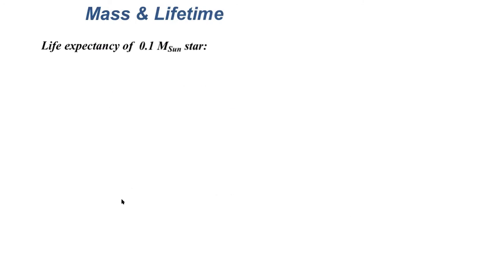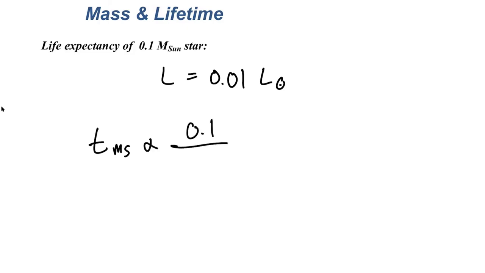How about a low mass star? How about a 0.1 solar mass star? Well, we know that a 0.1 solar mass star has a luminosity that's about 0.01 the luminosity of the sun. So the main sequence lifetime is proportional to the mass, which is 0.1, divided by the luminosity in solar units, which is 0.01, times the main sequence lifetime of the sun.